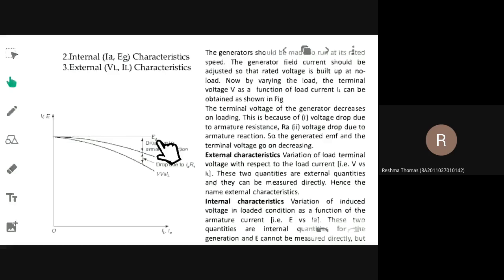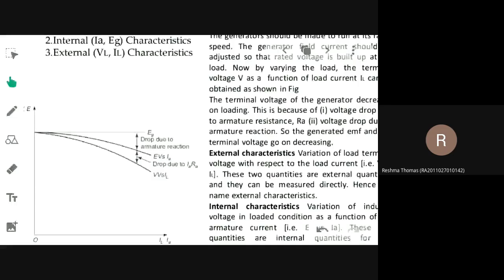Under load conditions, you will vary the load slowly, and there will be some small losses happening. Two sets of losses will happen here. The first loss is happening because of what reaction? There is some drop due to armature reaction.